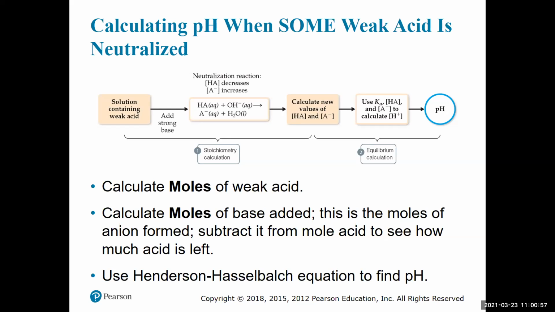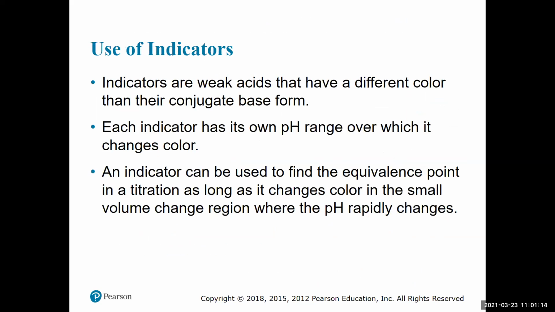And then we can subtract it from the moles of acid to see how much acid is left. And then if we wanted to find the pH there, we'd use that Henderson-Hasselbalch equation to find the pH. And so we'll work through an example of this. I think it's in the homework.